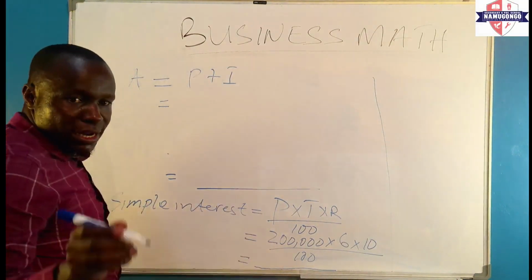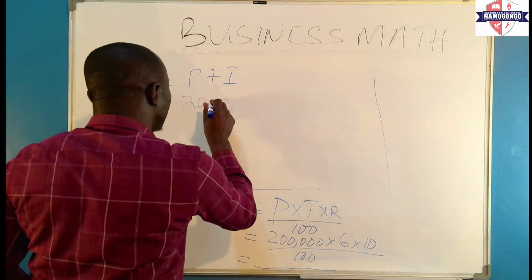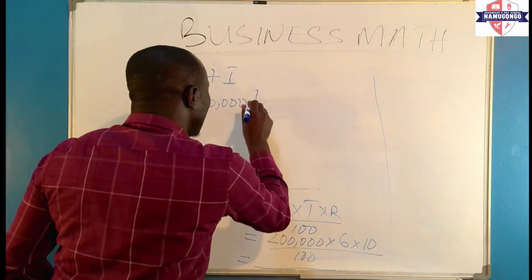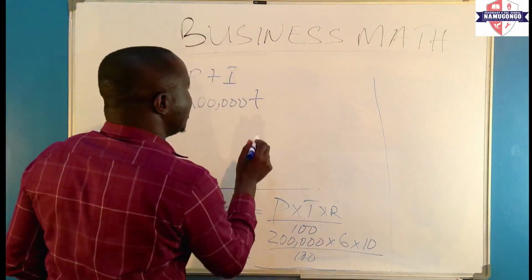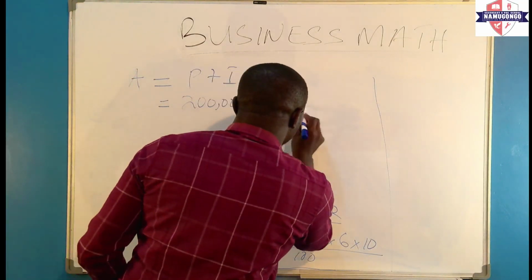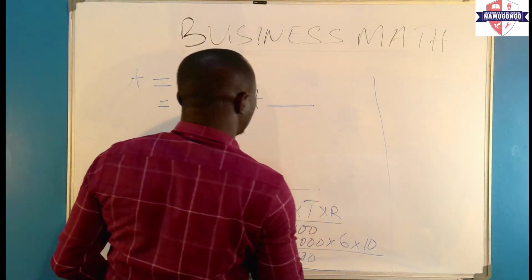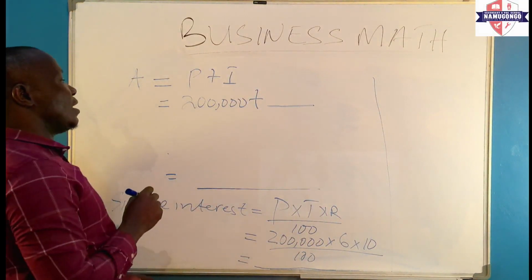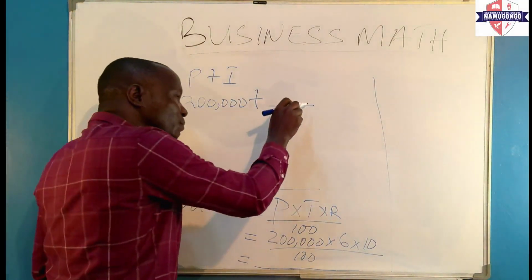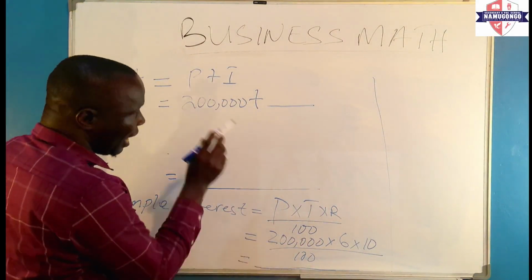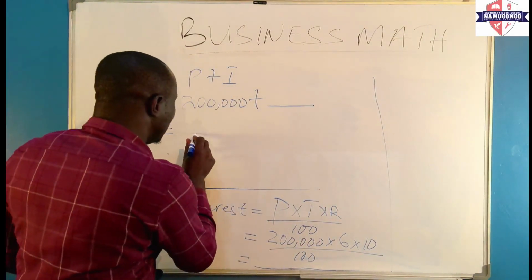So remember, the amount is 200,000 shillings plus the interest that you would have got here. Of course, I have not computed it. I want you to compute it. That's why I'm putting a dash there. So you get there the principal 200,000 plus the interest that you would have got from here. Then you'll be able to get that amount.